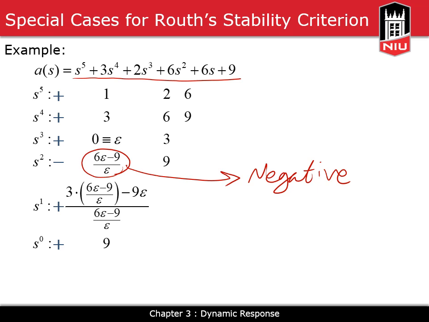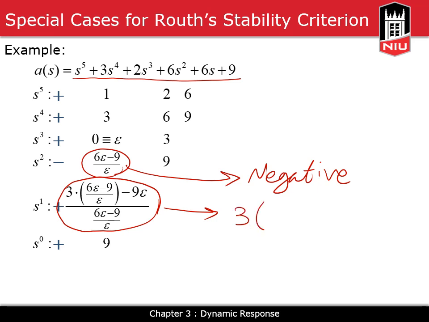The next term in the first column is right here. When we want to calculate this one, it might be better to multiply the top and the bottom by epsilon. That's probably the best way to do it. So let's multiply the top and the bottom by epsilon.